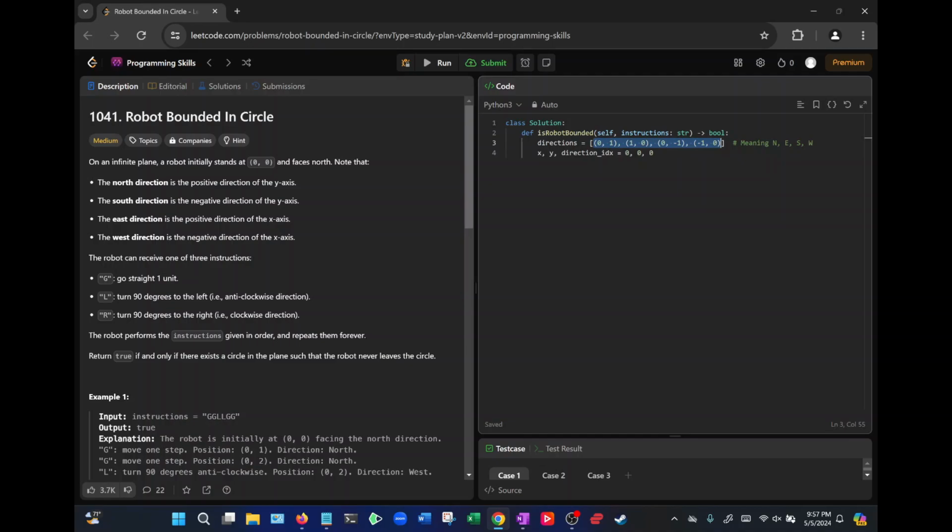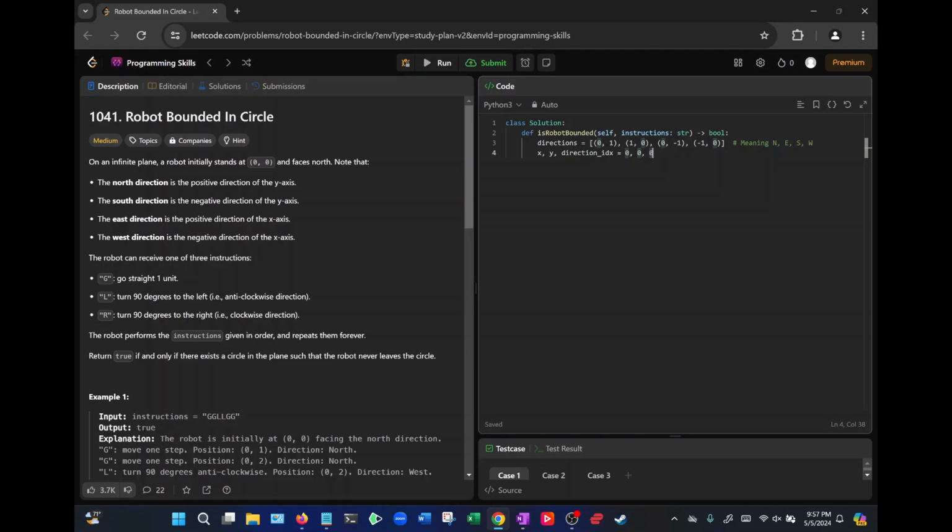And that's going to correspond to the direction that we want. So the robot starts facing north, and that's the first entry in this list, and so that is index 0.